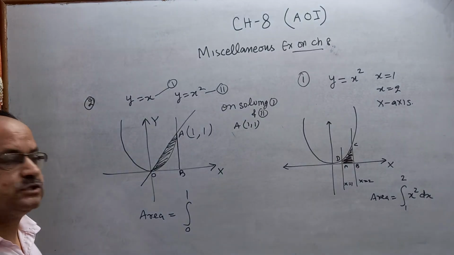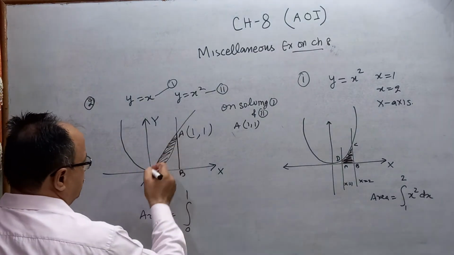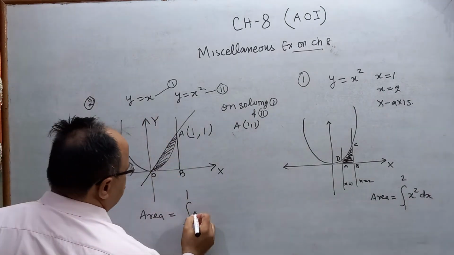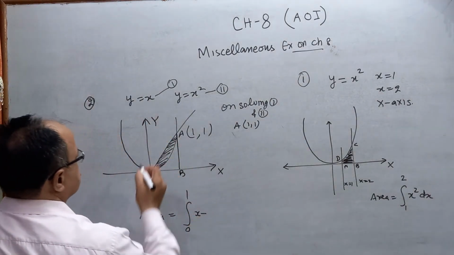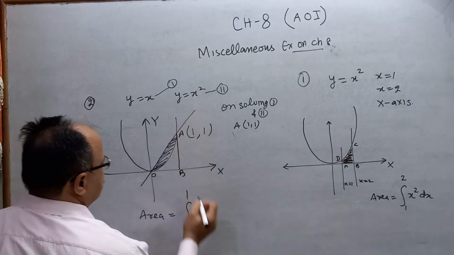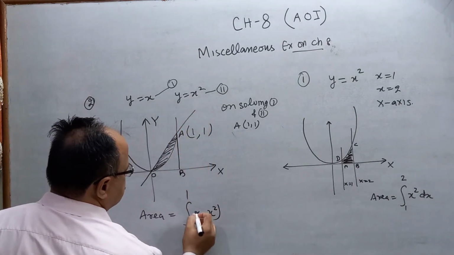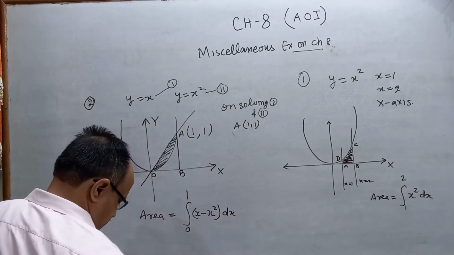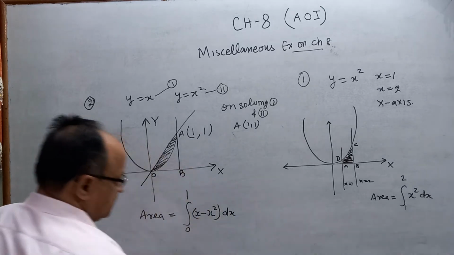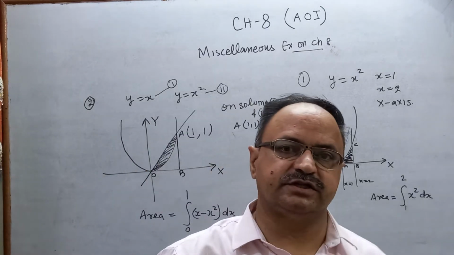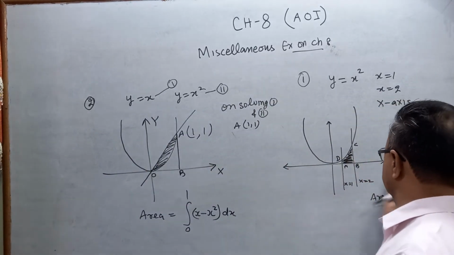Then upper minus lower. Upper line, from the line, what is the value of y? Y is x. And from the parabola, what is the value of y? That is x square. Further you can solve. Clear? Just simple integration, then upper limit minus lower limit.